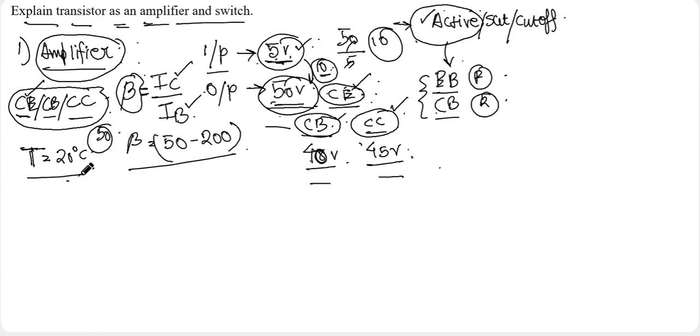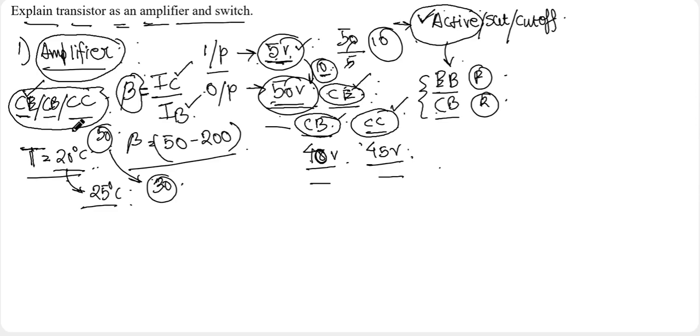But when the temperature changes from 20 degrees centigrade to 25 degrees centigrade, the amplification factor will reduce to say 30. So as the temperature is changing, even with the same configuration and the same mode of operation of the transistor, the amplification factor is reducing from 50 to 30. This is due to the external temperature condition.